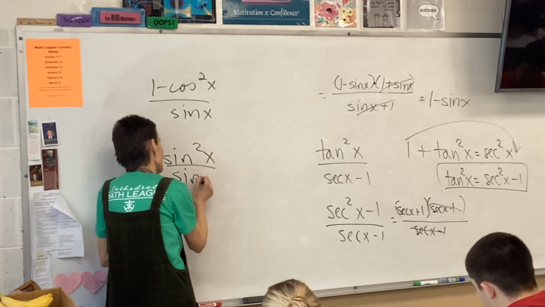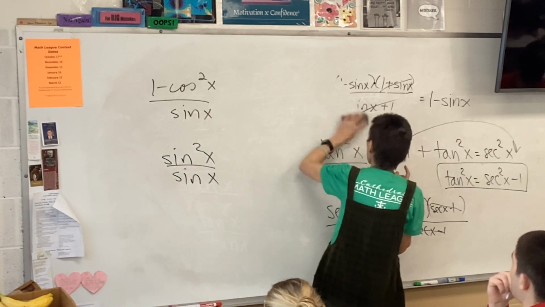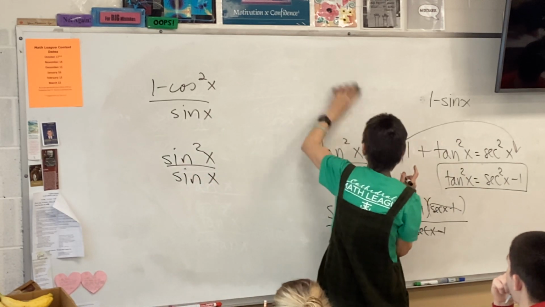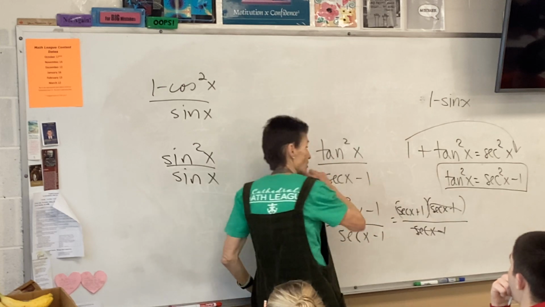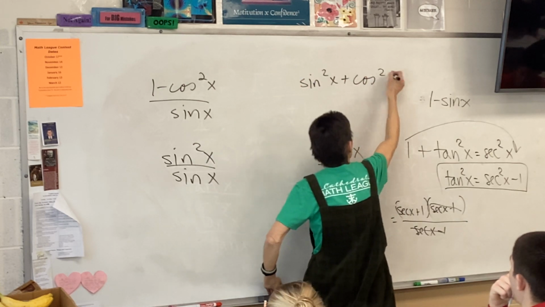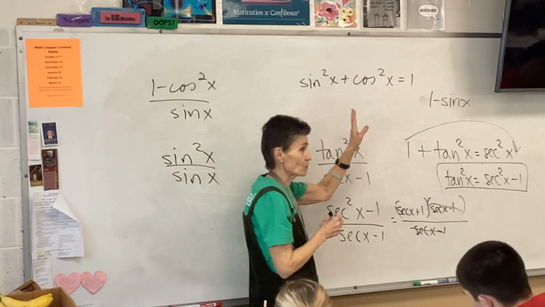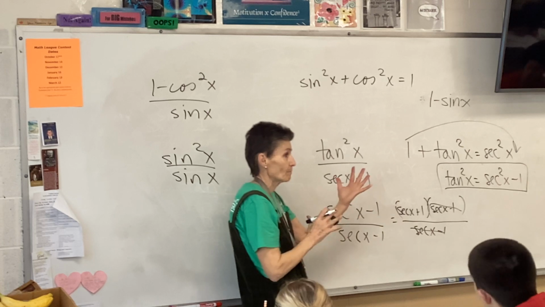Now I'm going to go through this one more time, but this is another one where it's time for you to think. It's time for you to quit just copying down and start thinking. Sine squared plus cosine squared is 1. That equation can be rearranged.